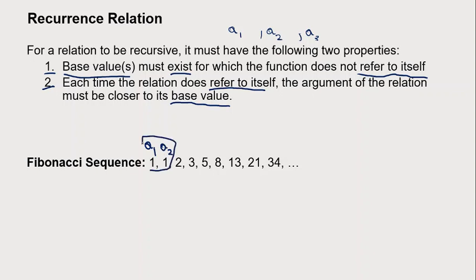This provides the base case of Fibonacci numbers, and then any other number is simply found by taking the previous value plus the value which was before that. So the previous two values essentially are being added together to get the next one. So 1 plus 1 is 2, and 1 plus 2 is 3, and 2 plus 3 is 5, 3 plus 5 is 8, 5 plus 8 is 13, and so on, indefinitely.